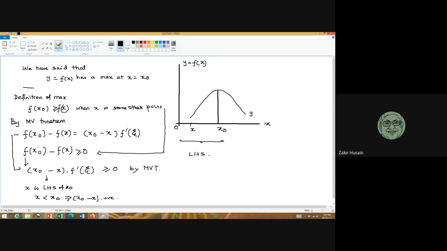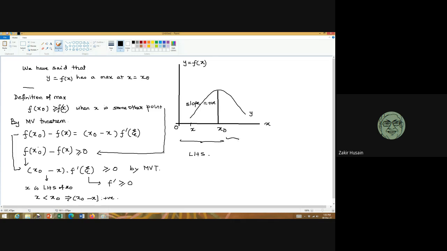So if this is positive, what will be this? Positive, but it can also be 0. Remember, so it is positive. Okay. So on this part, the slope is positive.